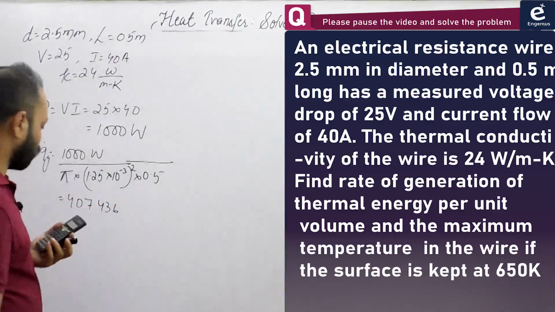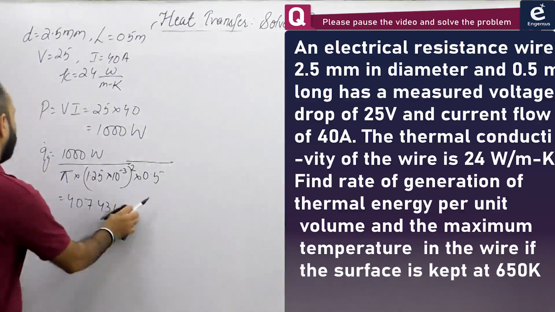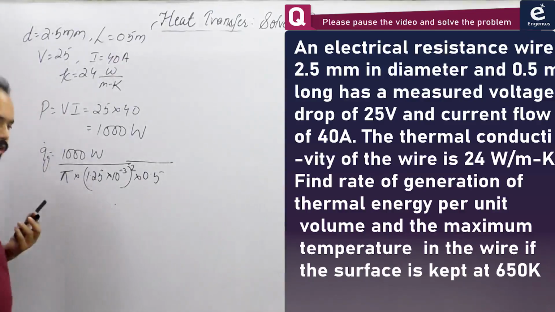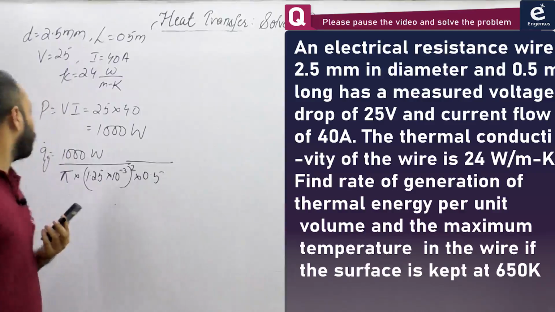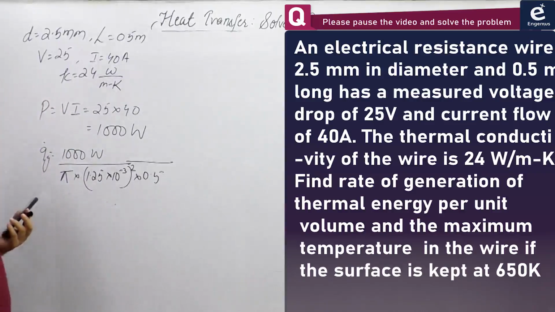Let me check this answer again. P is equal to V into I, so 25 volts and 40 amperes, 25 into 40 gives you 1000 watt. And the volume is pi r square h, correct? Yeah, everything is fine.